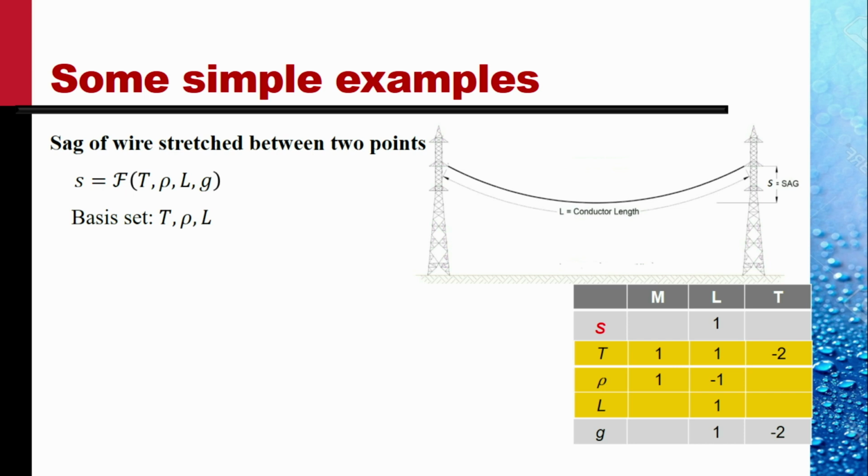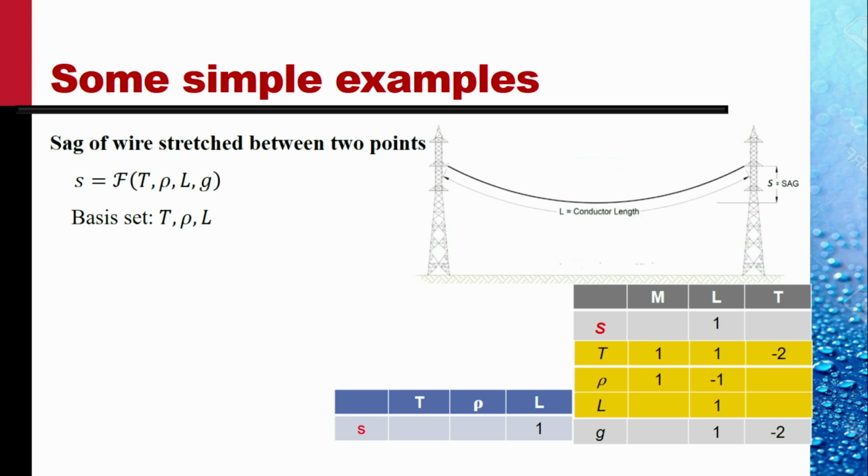So the value of K here is 3. The value of N was 4, the number of independent parameters. The basic group is 3. So the number of independent non-dimensional groups we can form would be 1 based on g, and a non-dimensional dependent parameter based on S. S has the dimension of length.